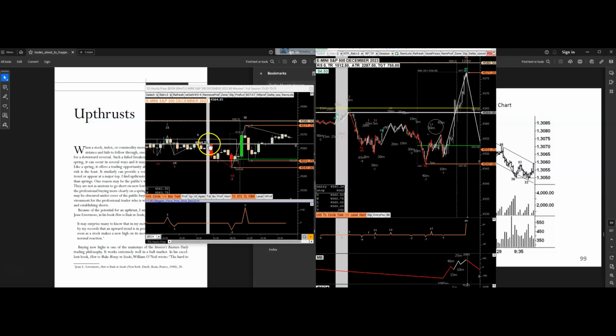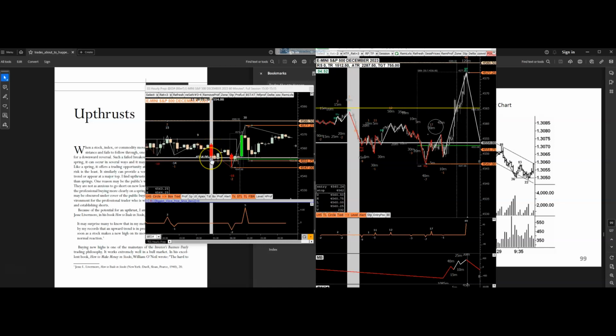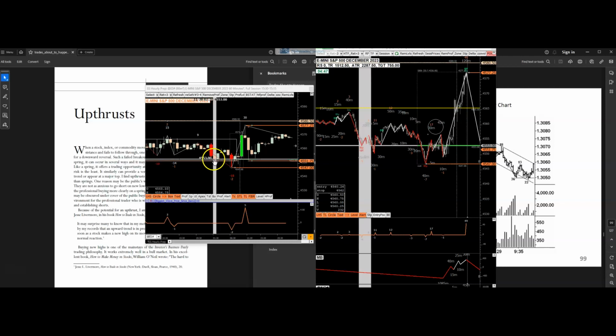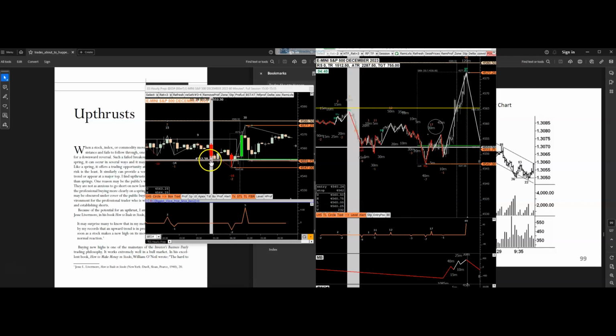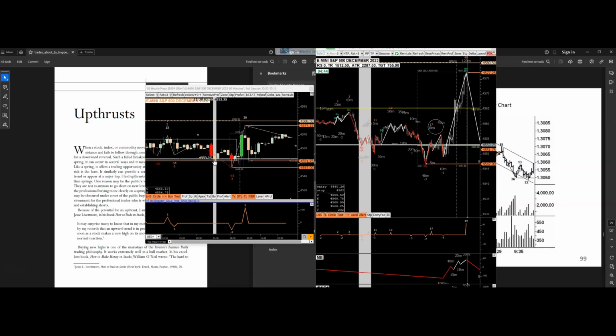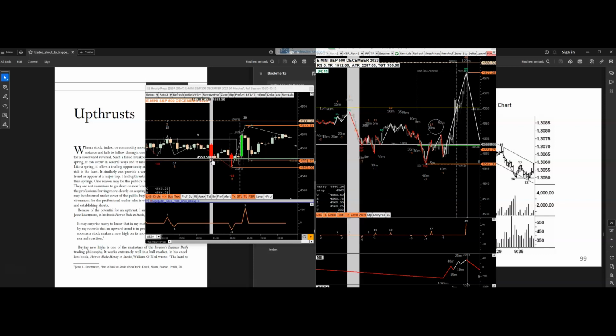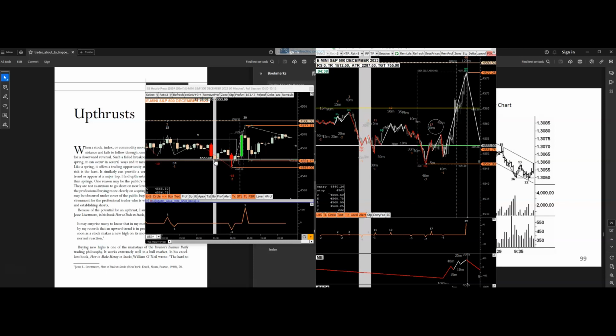Here's the answer. If you take a look at this red bar, this break, what do you notice right after it? You notice a second red bar. The red bar is followed by a follow-through red bar that makes a lower high, lower low and lower close.